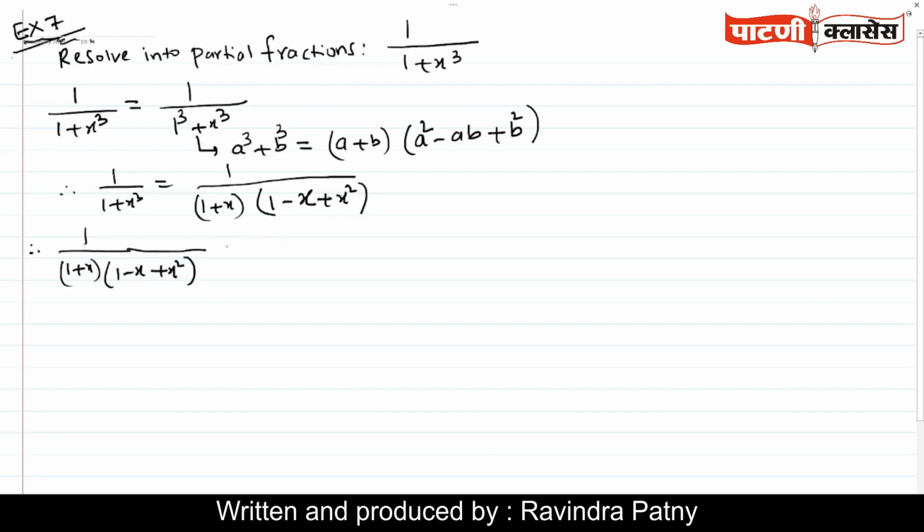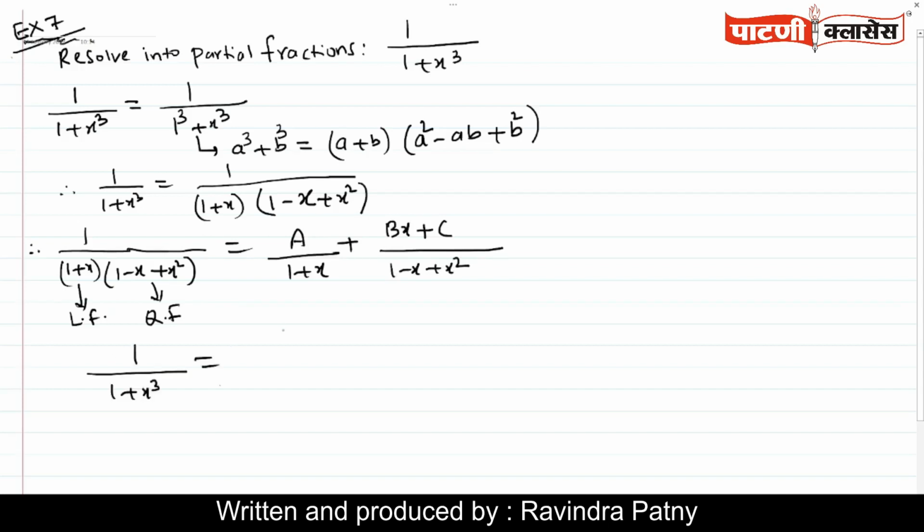Now this problem can be resolved. Here is the linear factor and here is the quadratic factor. For the linear factor we can write a upon 1 plus x, and for the quadratic factor we can write bx plus c upon 1 minus x plus x square.